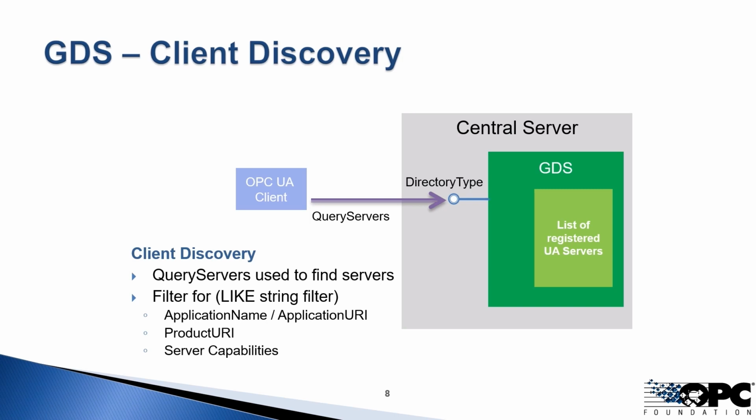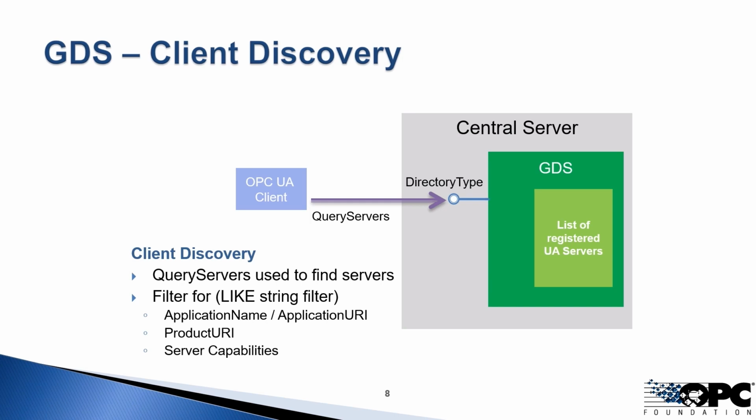And the query servers takes a different type of filter string than the typical server discovery with the ad hoc case. And thus the important thing to understand is a UA client, while it requires to use ad hoc discovery, it does not require the use of the central discovery server.